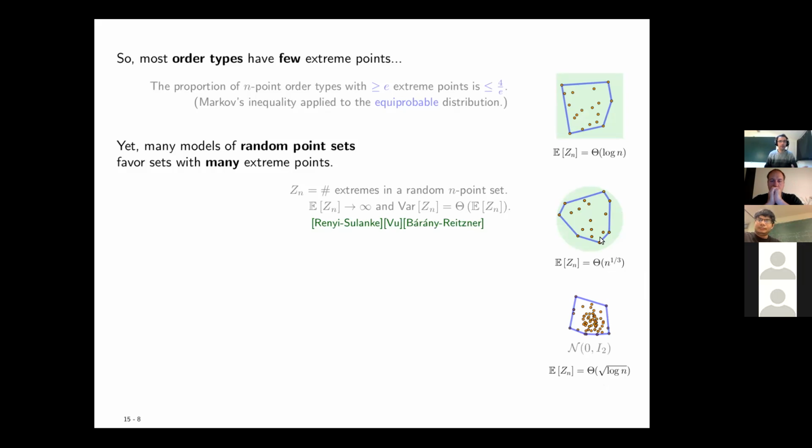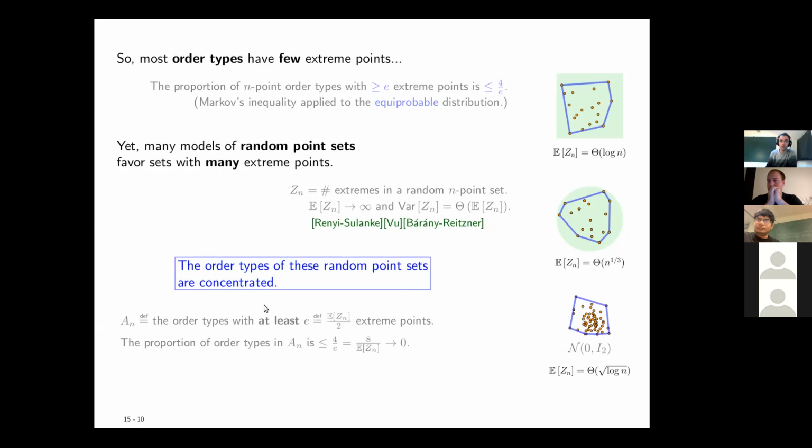Moreover, in all cases, people could prove some concentration bound. What they proved is that the variance, which could in principle be up to the order of the square of the expectation, is only of the order of the expectation itself. This is enough to get us the concentration, because you define A_n to be the set of order types with at least half of the average extreme points.